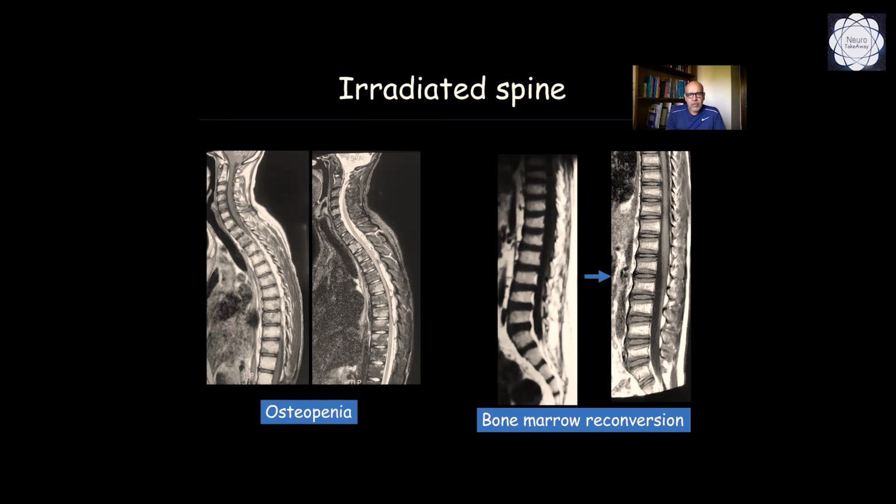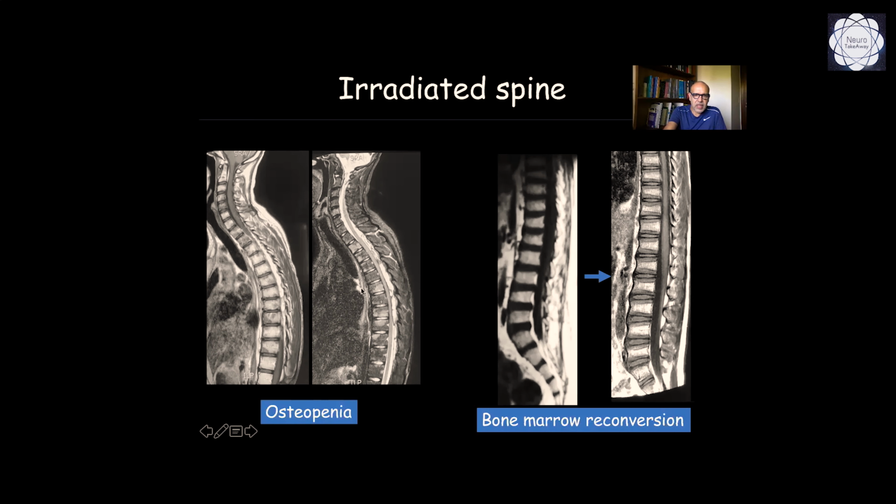Well, now to finish up, let's go to the complications of the spine. You know that after the irradiation of the spine, we see changes in the bone marrow. These typical patterns are very, very common after the treatment of metastasis.